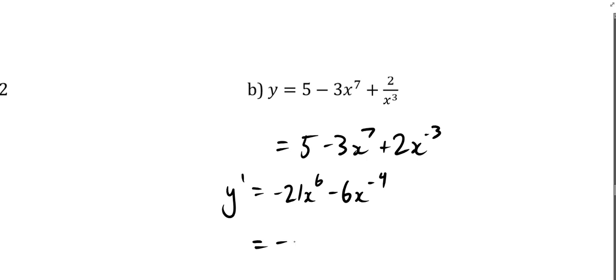I could rewrite this as 6 over x to the 4. How do you rewrite a negative exponent as a positive? It takes the reciprocal. I believe in the homework you're not required to do that. At this point, there's no rule. It's based on instructions. If your instruction said leave all answers with positive exponents, then you would have to do that on a test.